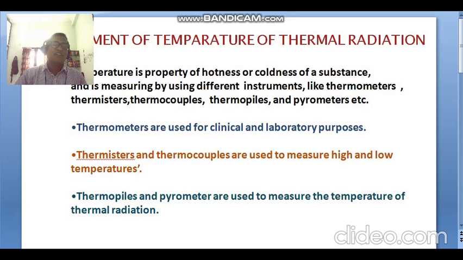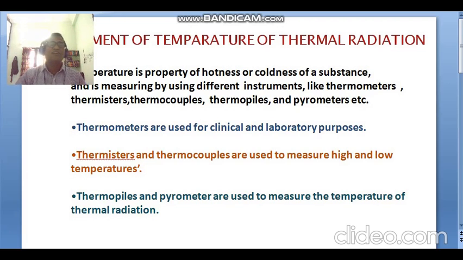In the laboratory, to measure the temperature of mixtures or liquids, we use the centigrade thermometer. The calibration range is from 0 degrees centigrade to 180 degrees centigrade. Those thermometers are known as laboratory thermometers.